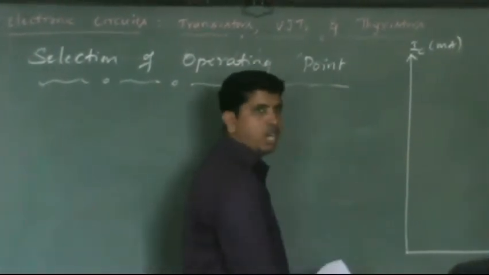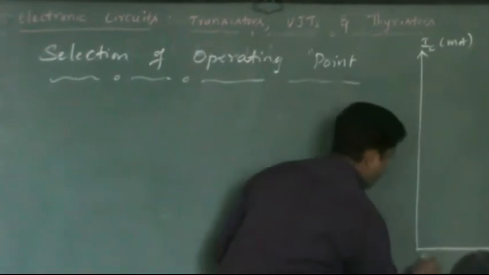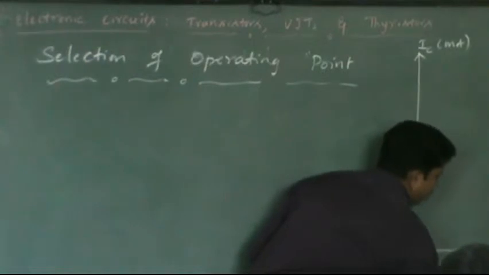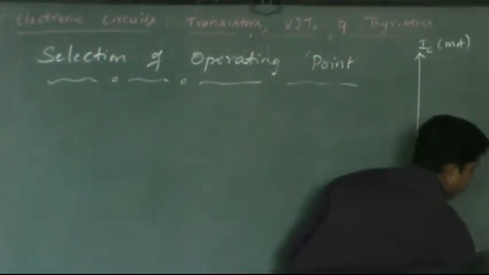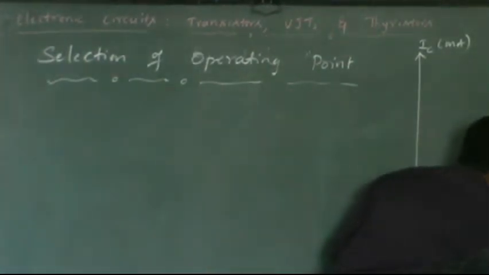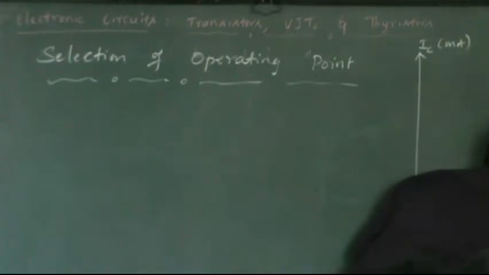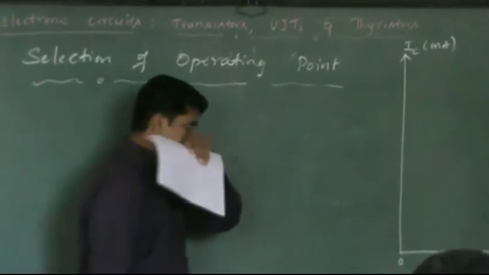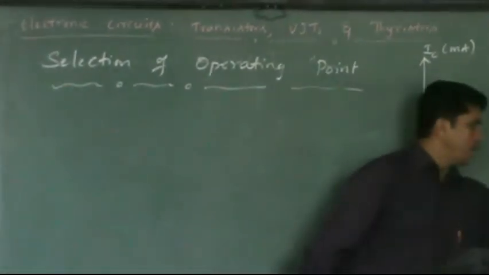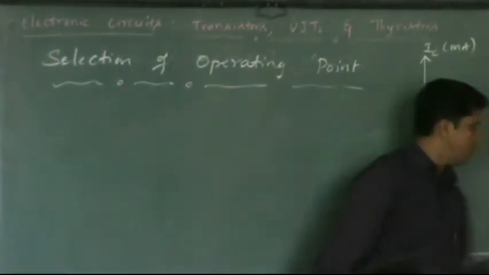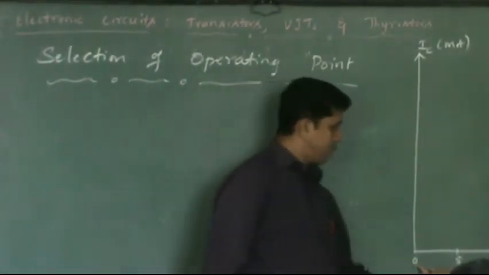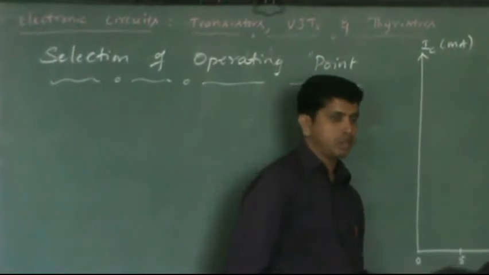First you draw the output characteristics. You can go in steps of 0, 5, 10, 15, 20, and we can end up at 25 volts. That's the x-axis. The x-axis is nothing but collector-emitter voltage, which is in volts, taken in increments of 5 volts.